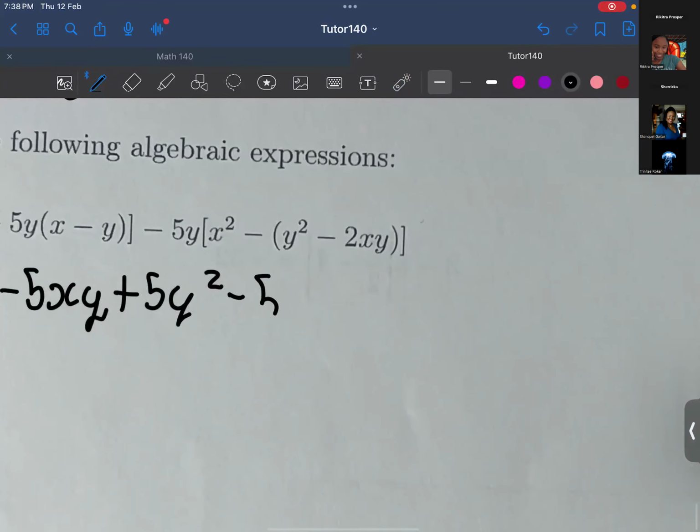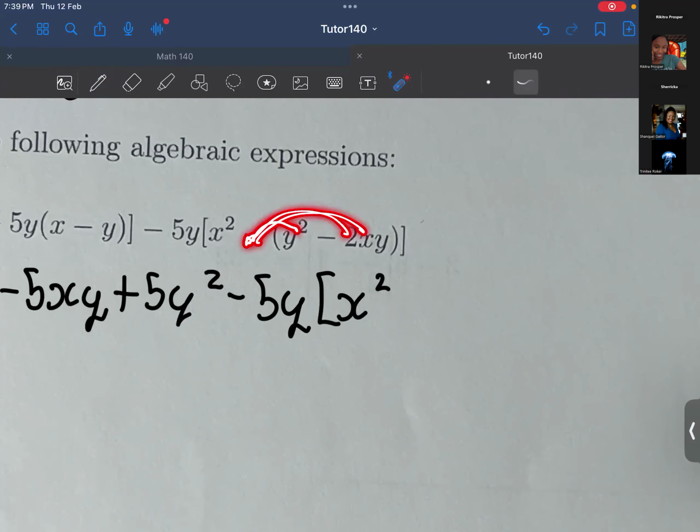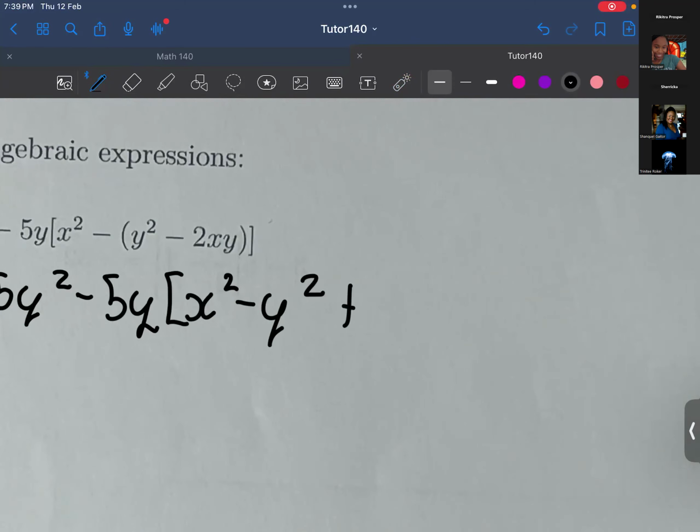And then minus 5y, open bracket, x squared. You're going to multiply this negative times both of these terms. So negative times y squared is minus y squared. And then the negative times minus 2xy is plus 2xy. Close bracket again.